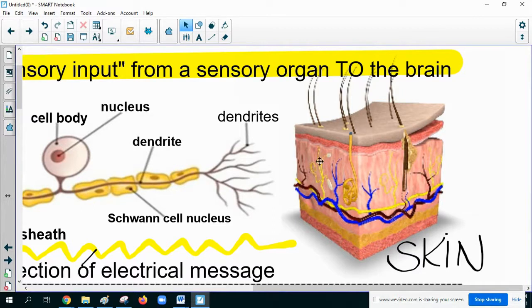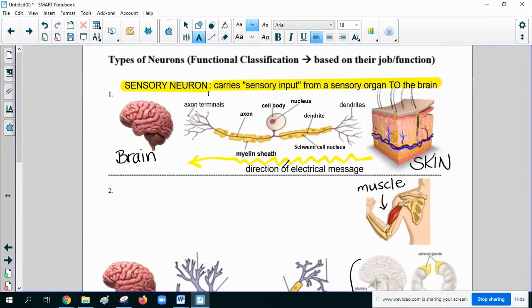But these little sensory nerves in the skin, that's this part of the cell. And then the rest of the cell will stretch all the way out to the spinal cord. Okay, so you can see that I've labeled that little electrical signal, and the direction is traveling from skin through the sensory neuron to the brain.